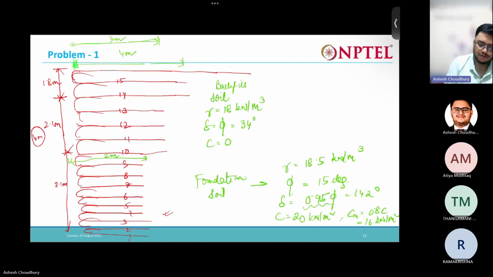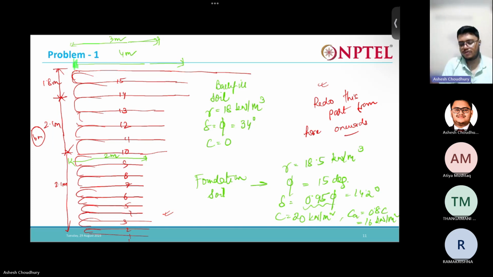But what I will be doing is that I will be following this only. Redo this part yourself from here onwards. I will follow this just to show you how all the calculations are done so that you can do it yourself correctly.